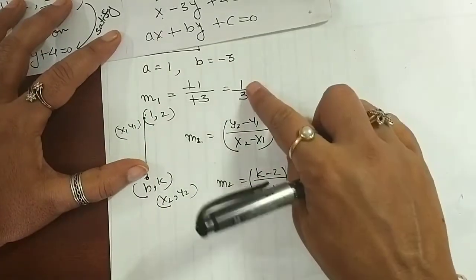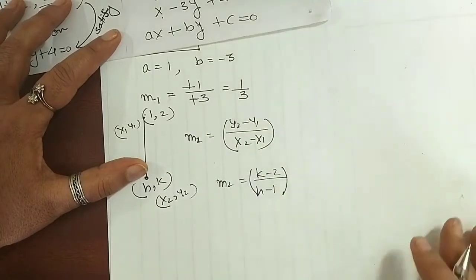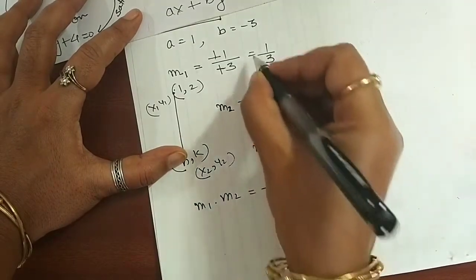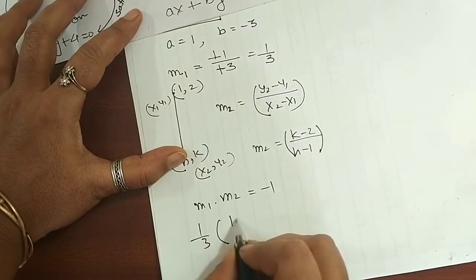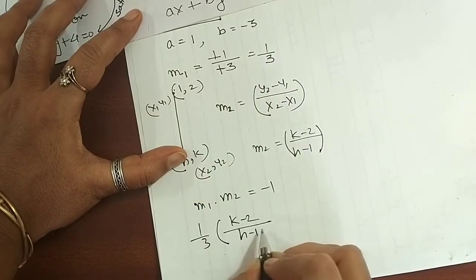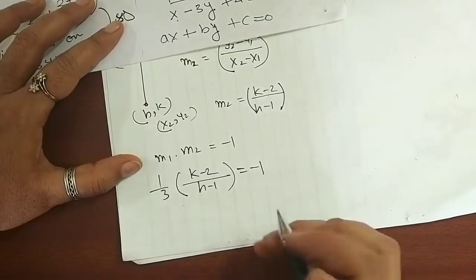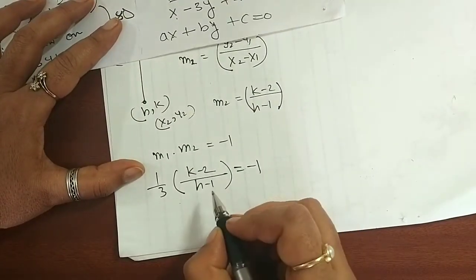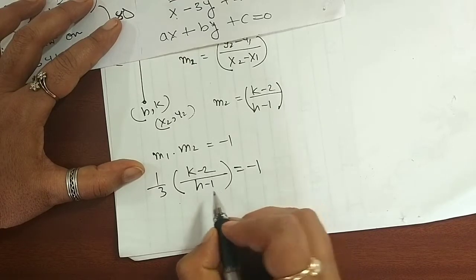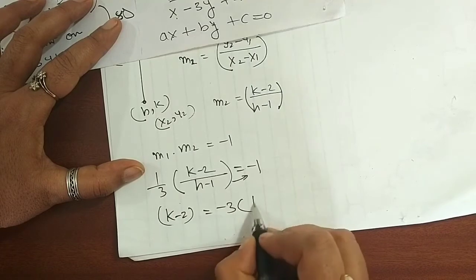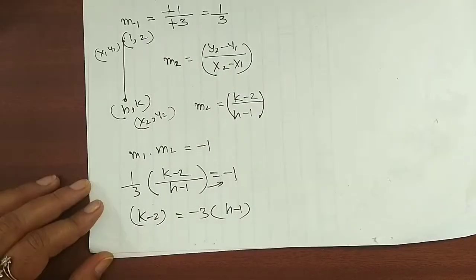So now I can take the product of these two, which is equal to minus 1. Right? m1 times m2 is minus 1. m1 is 1 by 3, so (1/3) times (k minus 2)/(h minus 1) is minus 1. Let me solve it. So k minus 2 is minus 3 into (h minus 1).